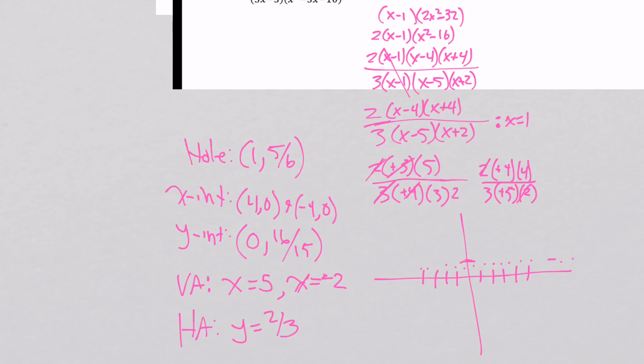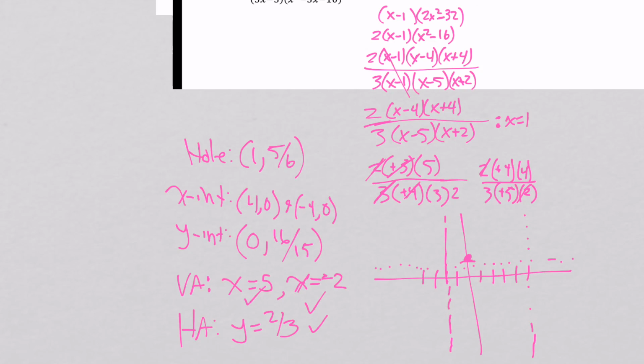The vertical asymptote's at 5, so we can dash that in right there. And at negative 2, so we'll dash that in. The y-intercept 0, 16/15 means it's a little bit above 1. So we'll put that in right there.